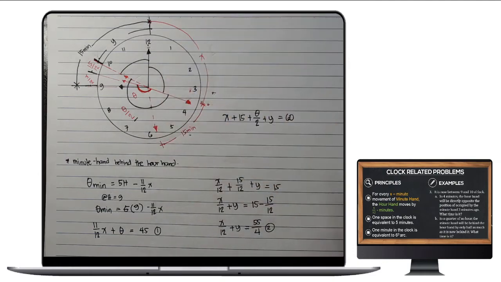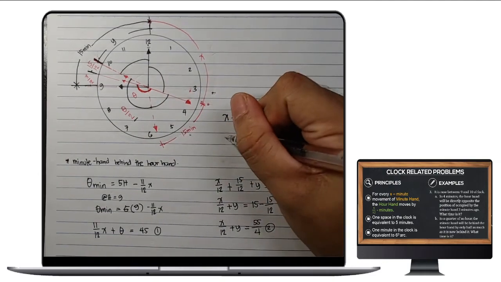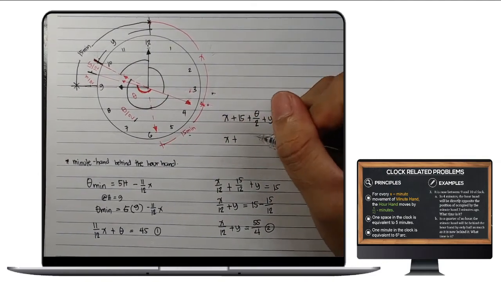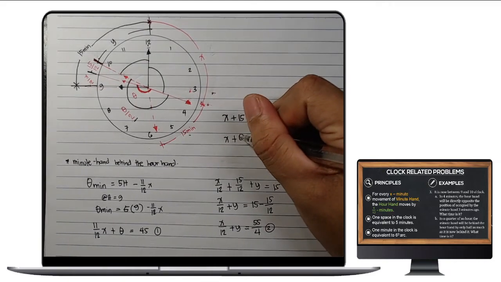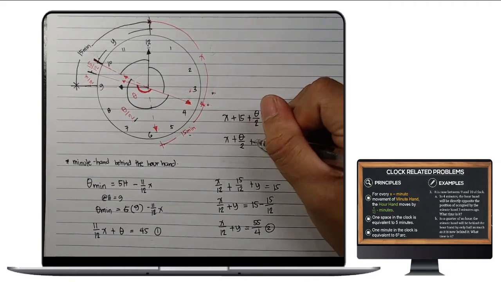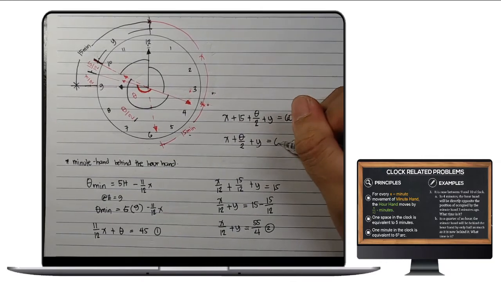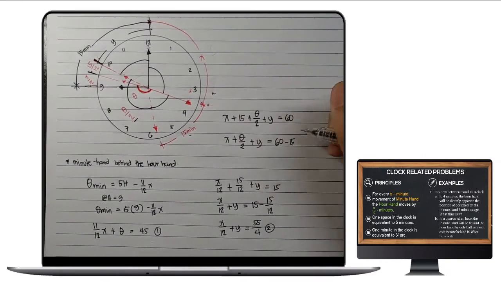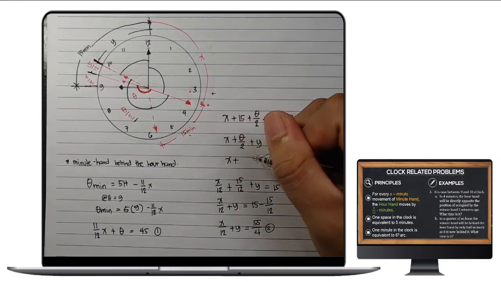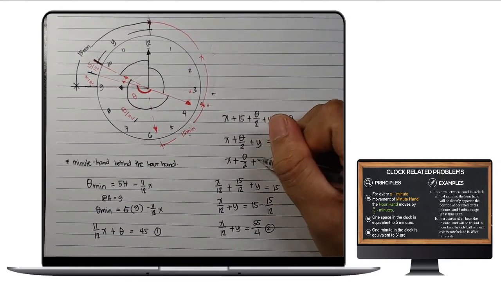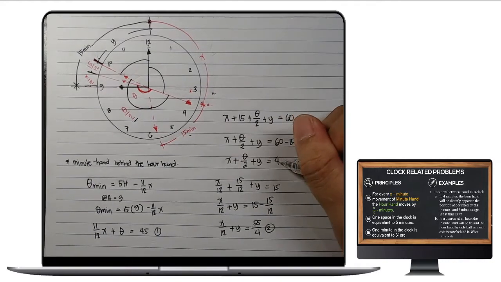So, complete revolution. Patasin lang natin. That is x plus theta over 2 plus y is equal to 60 minus 15. So that is simply x plus theta over 2 plus y is equal to 45.